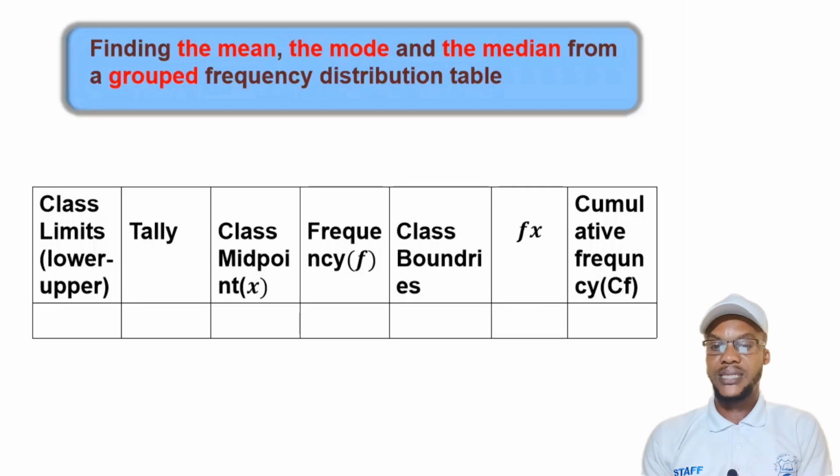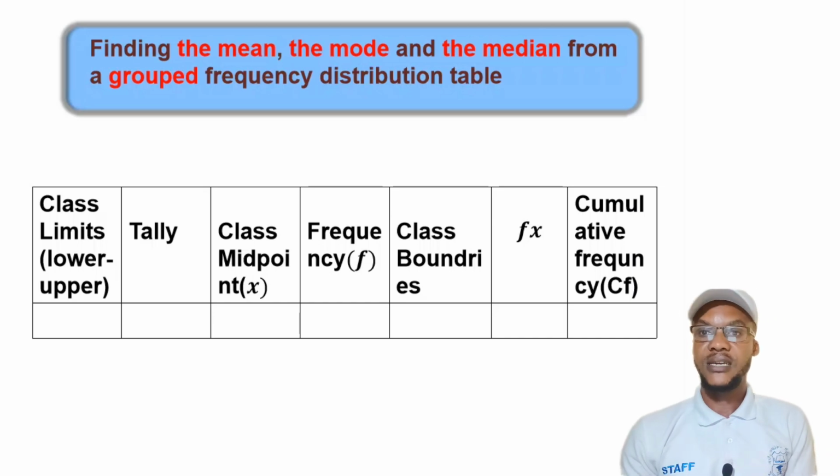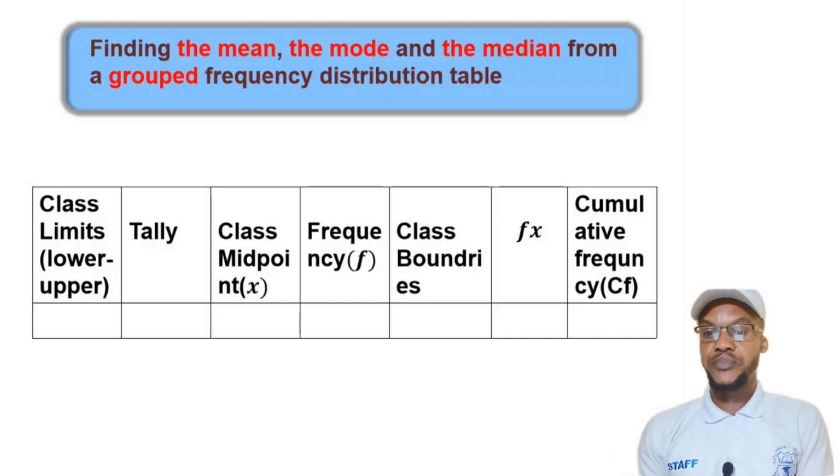Then we also talk about tally. The tally is used when you have been given raw data, plenty of data points, and you still need the tally. But in a case where it is already given in a table, you know the frequency.